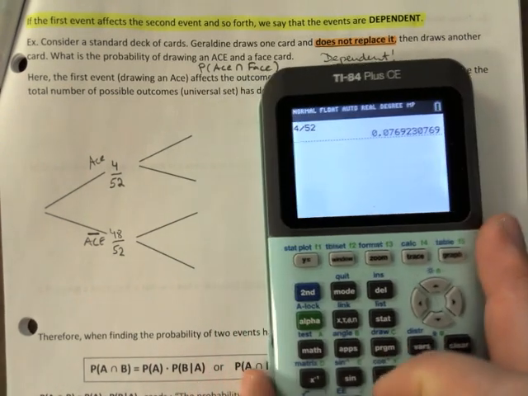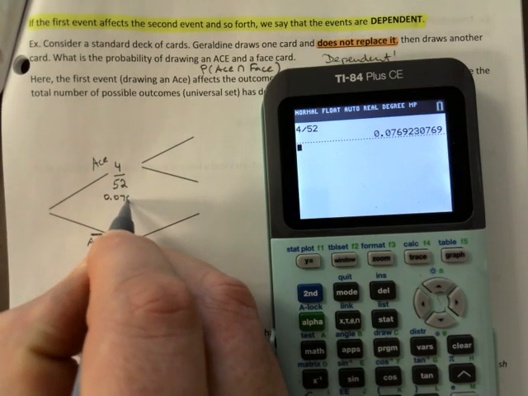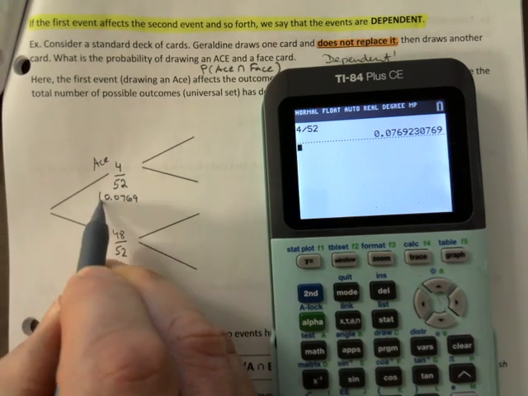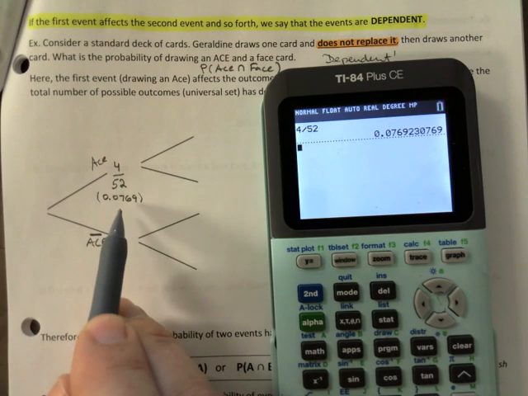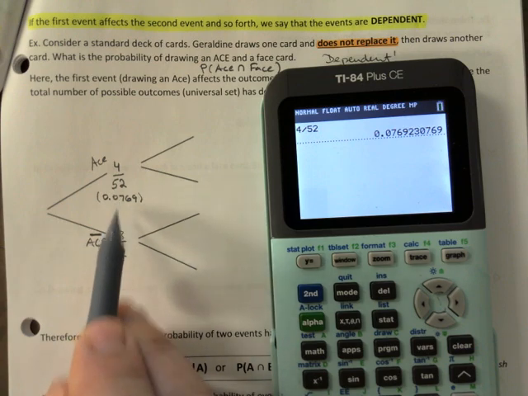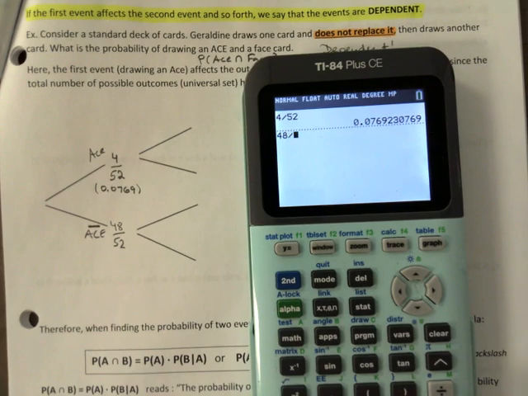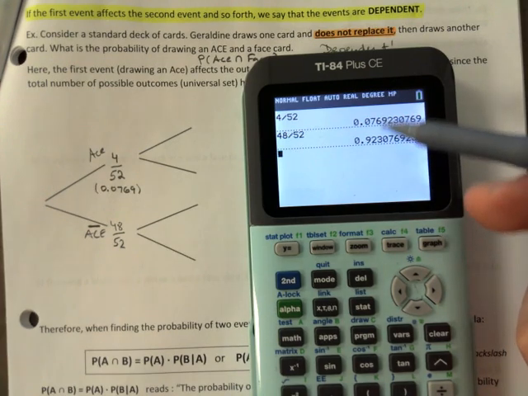So if you'd rather, 0.0769 is my decimal for 4 out of 52. That's just fine. This one would be 1 minus that, correct? Or just 48 out of 52. It's up to you. But these two add up to 1.